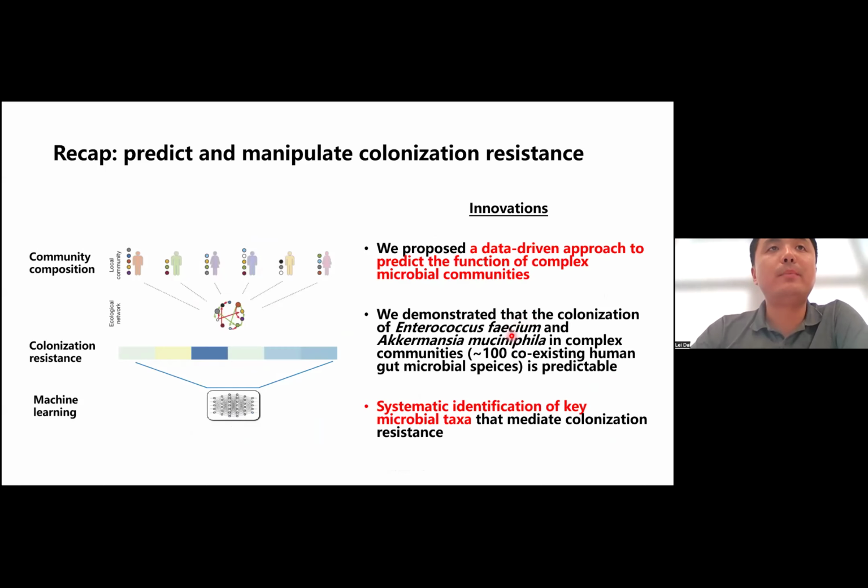To wrap up this part, we propose this approach where you can predict the function of complex communities without knowing the mechanistic details. If you have enough samples on the order of the complexity of the system, then it becomes predictable. And it's not just a black box model: you can identify some key microbial taxa that mediate the function, in this case, the colonization organism.